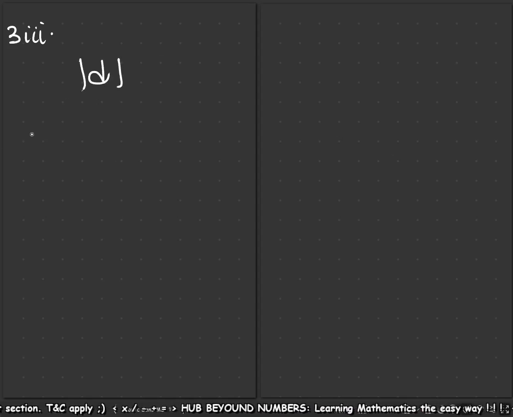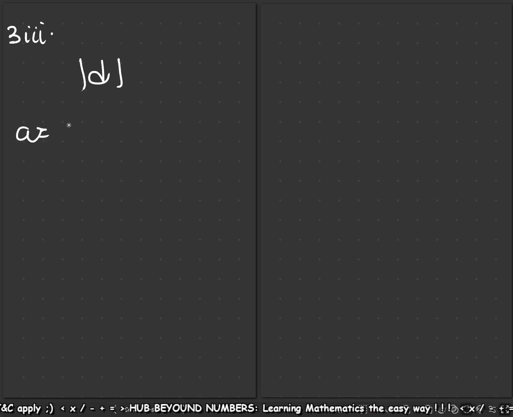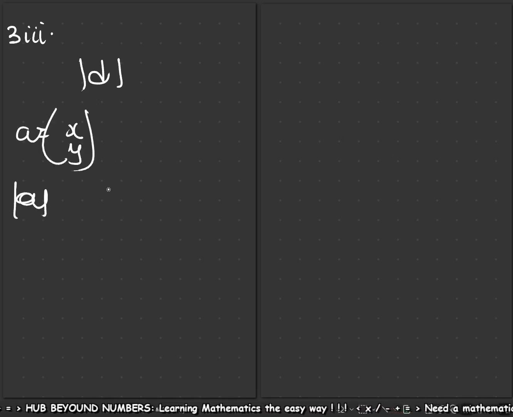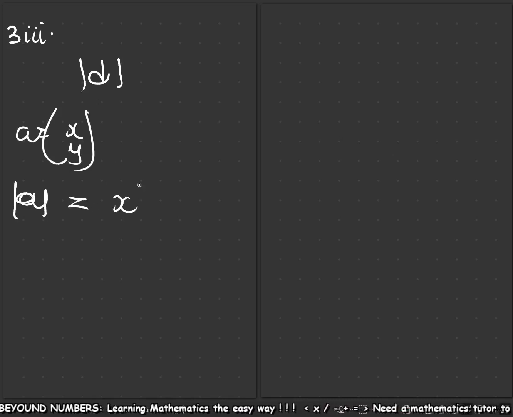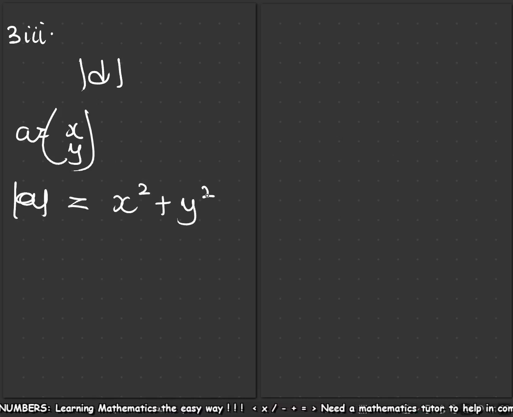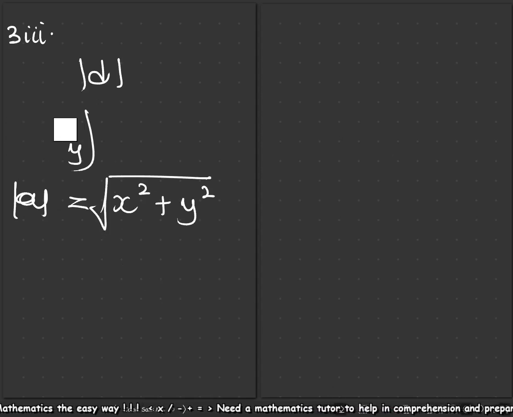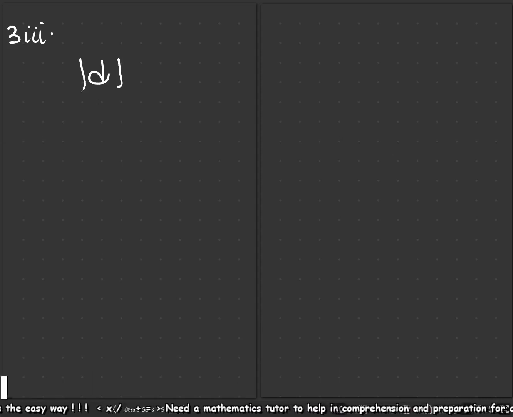Now we know that for vector a, which is equal to (x, y), its magnitude is given as the square root of the sum of the squares of the components. That is the same formula we want to apply over here.